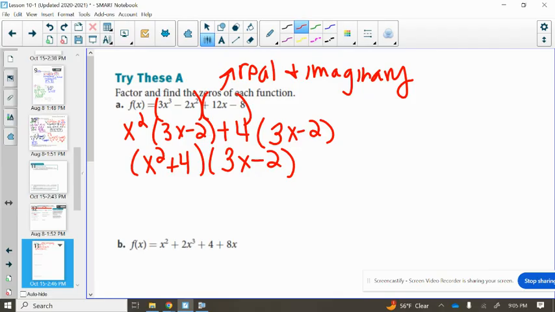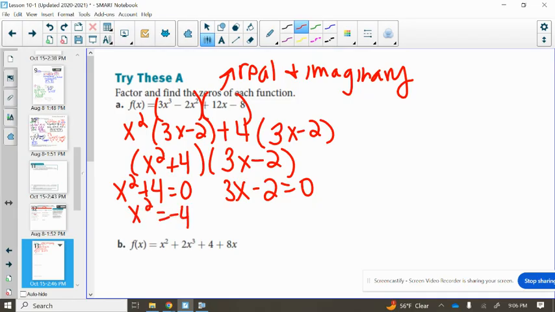Now this time when we set each of these equal to 0, we are still going to solve even this imaginary one. When we take the square root of this negative number, instead of being positive and negative 2, it's going to be positive and negative 2i because we're square rooting a negative.